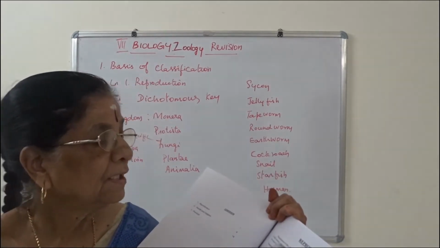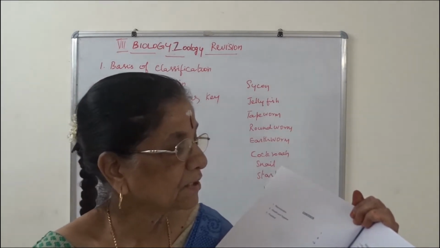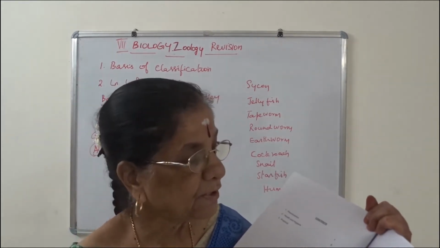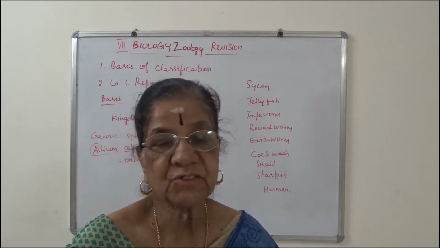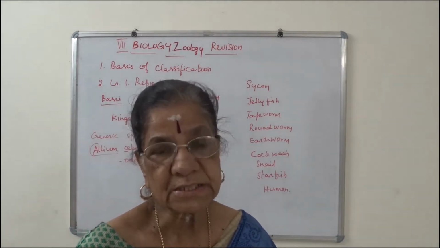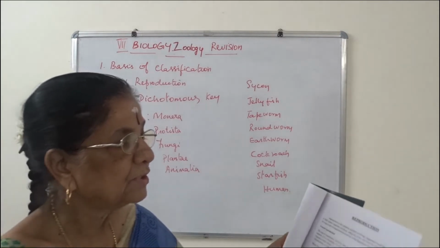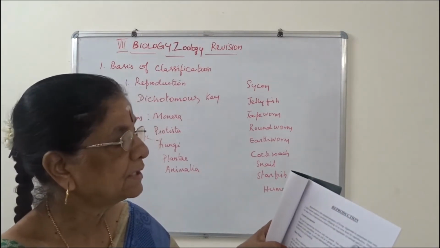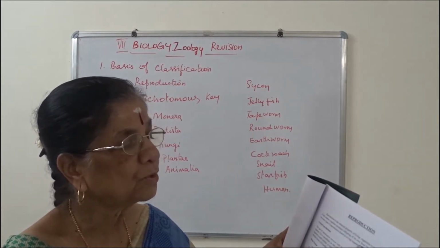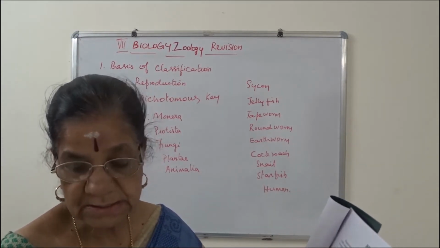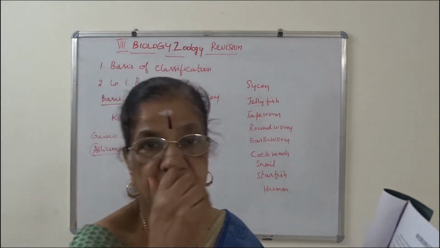The definition for reproduction: it is the inherent property of living organisms to perpetuate their race. Perpetuate means continuation. To perpetuate their race, a fully mature organism produces offspring of its own kind by reproduction.